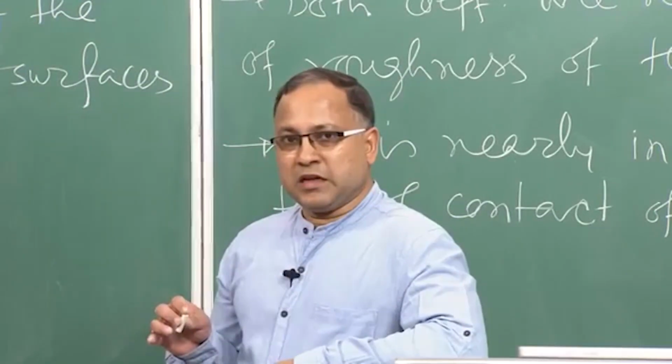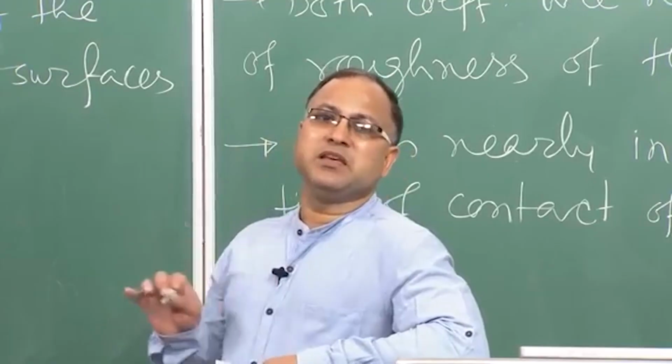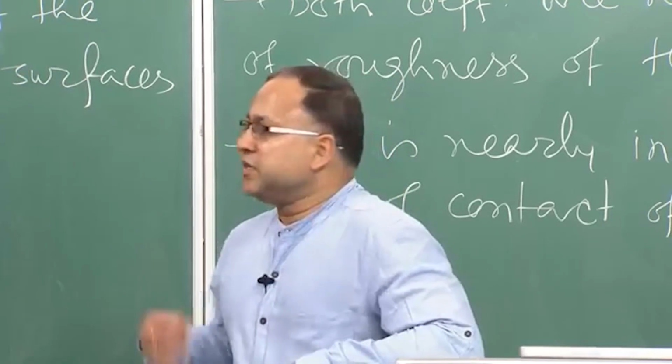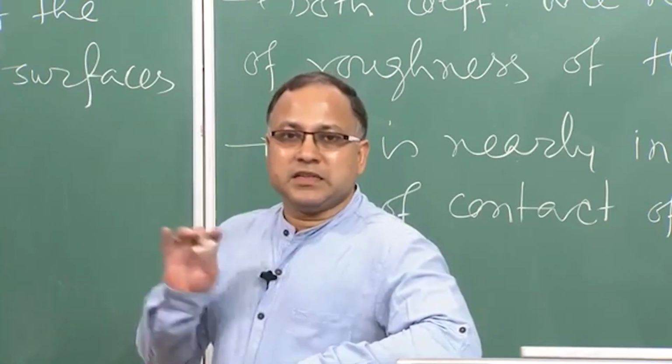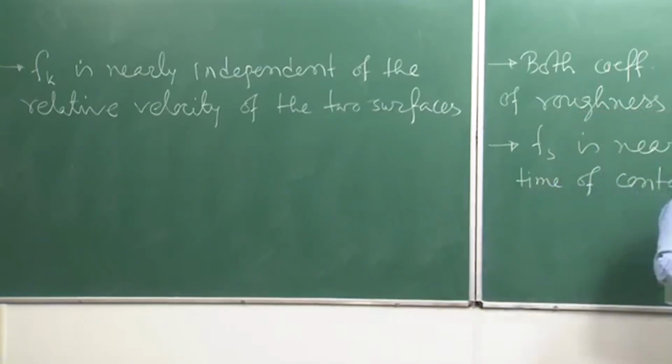Relative velocity means if the surface B is stationary and A is moving, there is some relative velocity developed between these two bodies, but Fk is completely independent of the relative velocity. Now, that you can see from this figure.